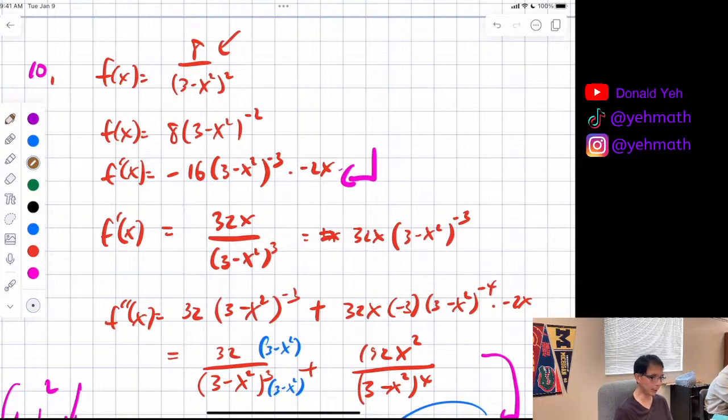I can avoid quotient rule by using a product rule. So I move it to the top, and I do a product rule rather than a quotient rule, because I feel like it's slightly easier. Some people did product rule over quotient rule, and I don't mind that. I think whatever is easier.